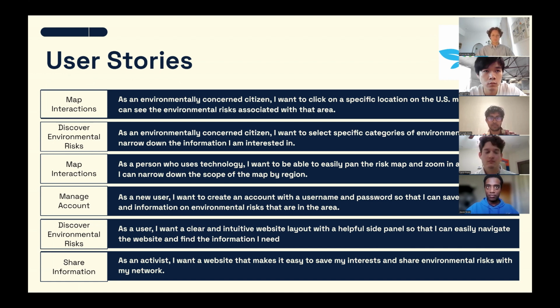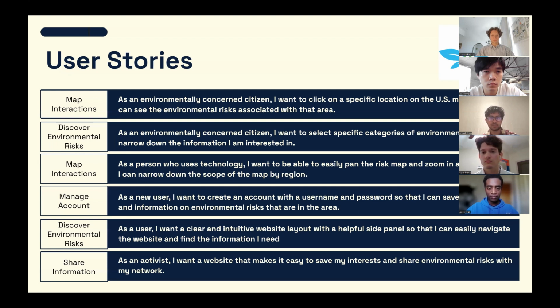And discovering environmental risk is another part of it. Beyond just the map interaction element where you're clicking on the map, you want to have a little bit more interactivity with the actual data that the website processes. Part of the conversation, for example, might be, what kind of risks can I select? Can I filter the risk?